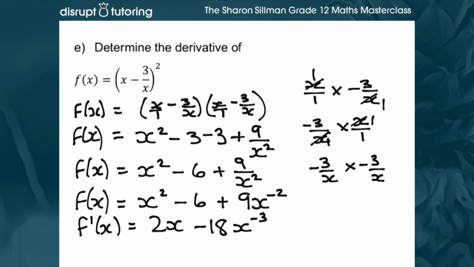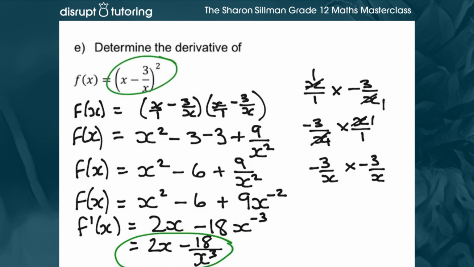Drop the exponent by 1. Continue in order to show that the x can move to the bottom to give us a positive exponent. And again, remember what we found. This expression represents the gradient at any point on this function.